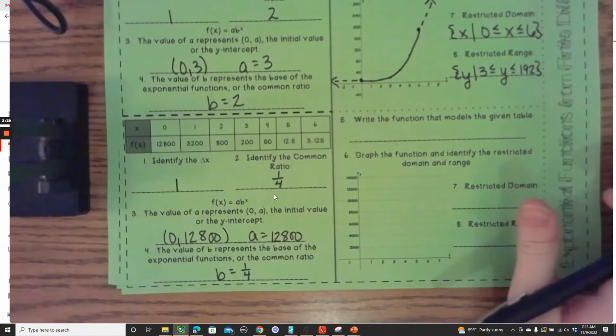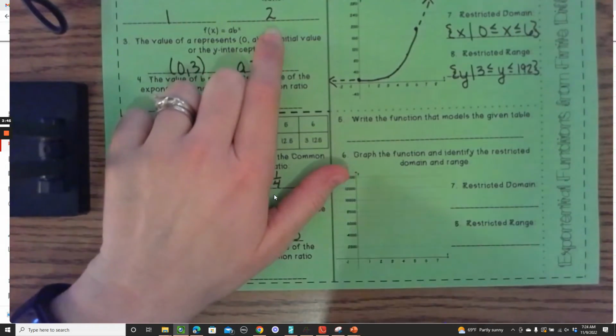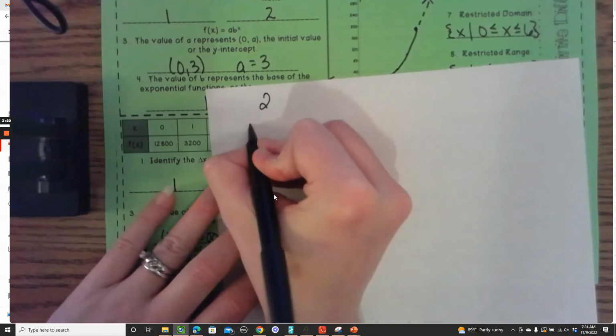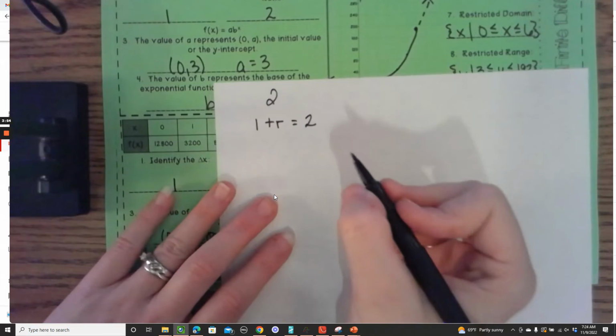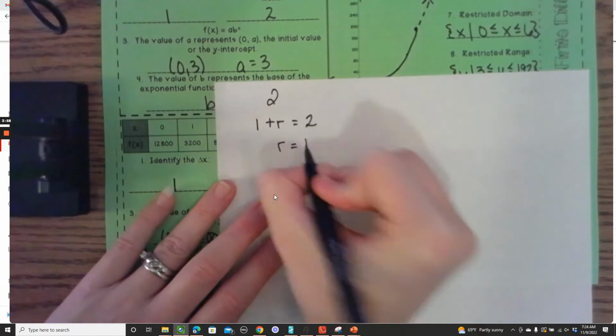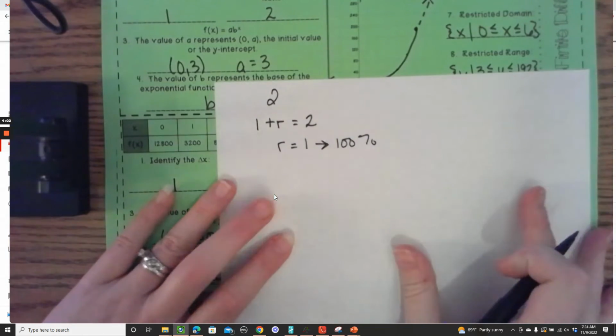And so another little thing, if you want to work backwards, say you want to know what the growth rate or the decay rate is. So up here, my common ratio is 2. So remember that 1 plus the rate gives you your common ratio. So r here is going to equal 1, which is the same as 100%.